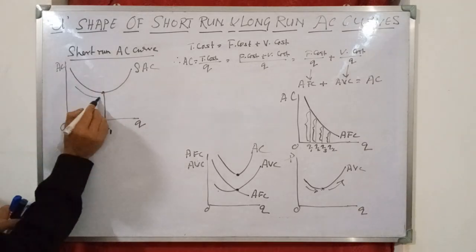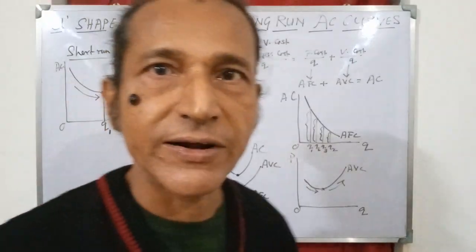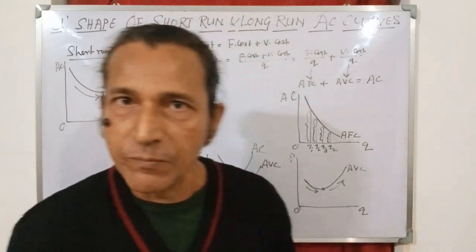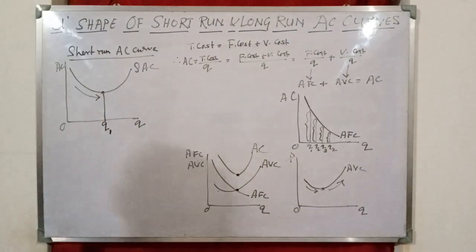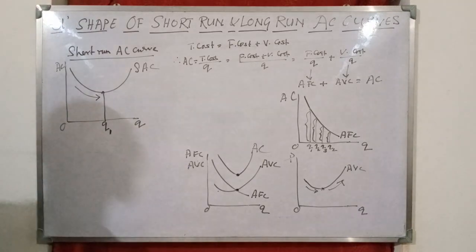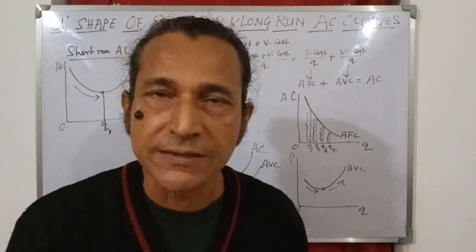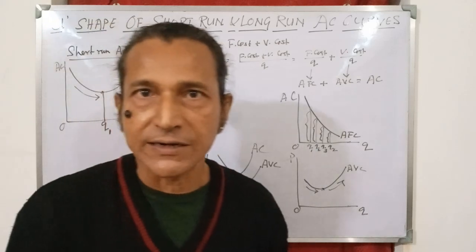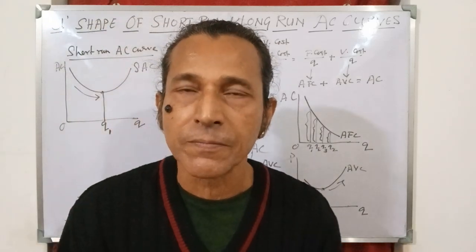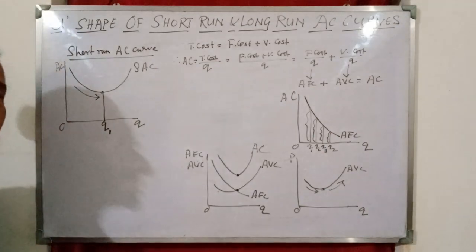Till Q sub 1, the balance between fixed factors and variable factors improves, and as a result, the short-run average cost curve comes down, falls. And when the optimum efficiency is reached, that is, the optimum balance between the fixed factors and variable factors is reached, the curve starts going up, moving up.